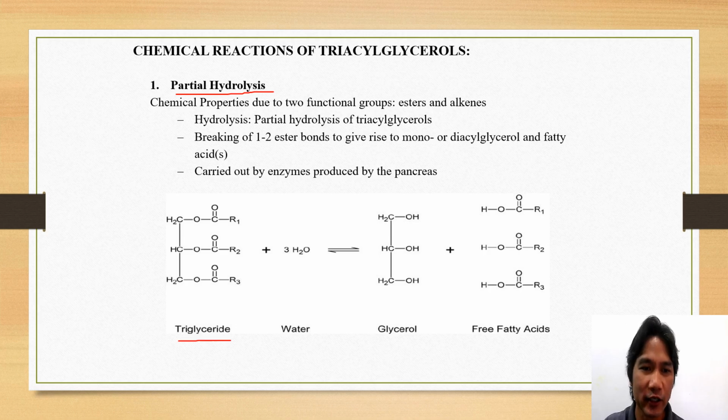Remember, a triglyceride or a TAG is made from the reaction between glycerol and three fatty acids, or a TAG is a molecule made by combining glycerol and 3 fatty acids. So this section here is the glycerol, and these are the fatty acids.